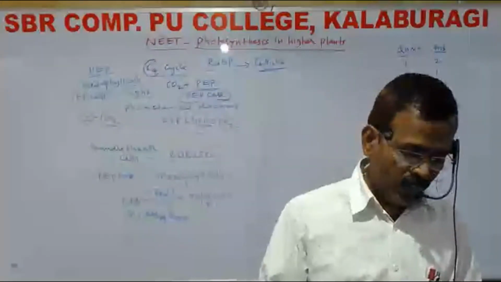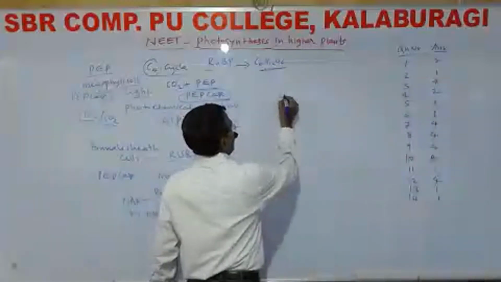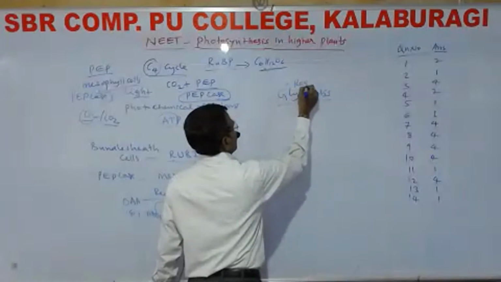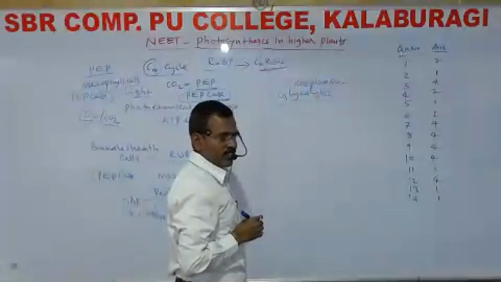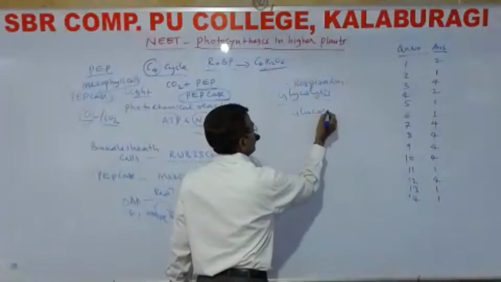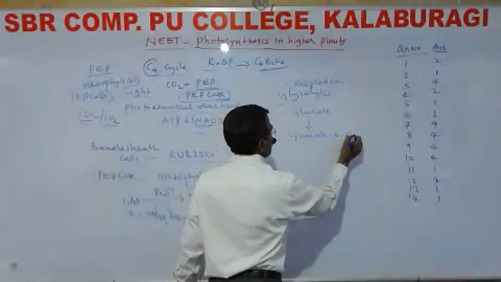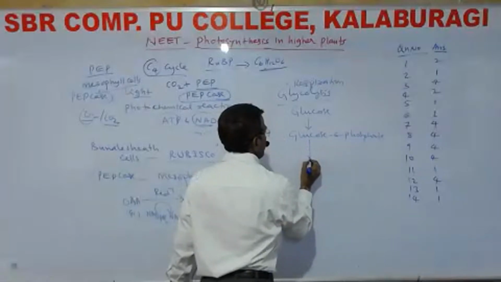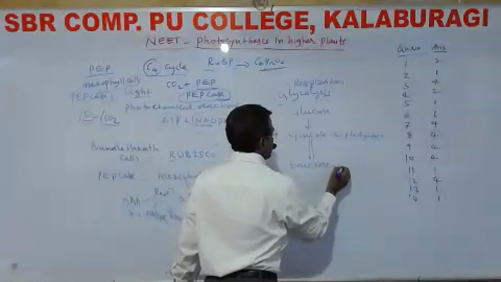Then third, they have given fructokinase. This is in the case of glycolysis, the respiration step. You have glucose to glucose 6 phosphate, then glucose 6 phosphate to fructose 6 phosphate.